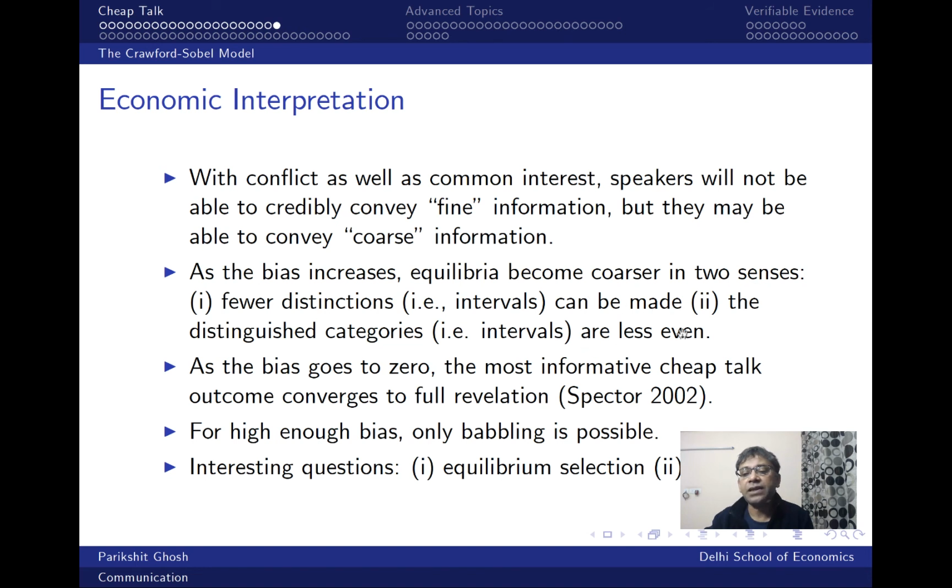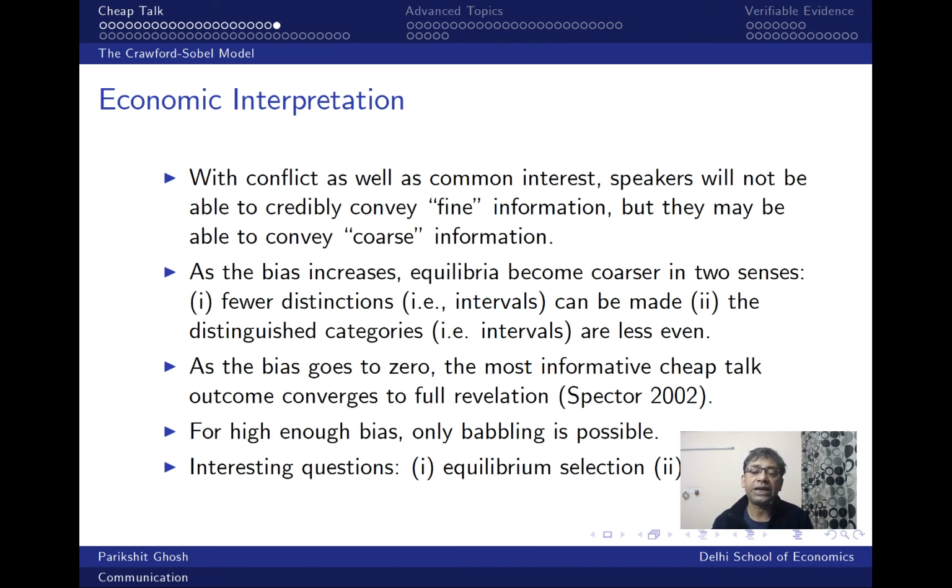Secondly, as the bias increases, even for a given number of intervals, the equilibrium becomes more right skewed. So the intervals towards the right become bigger and the intervals towards the left become smaller, or the intervals become more uneven. Remember that our difference equation said that the intervals have to increase by the amount 4b towards the right.